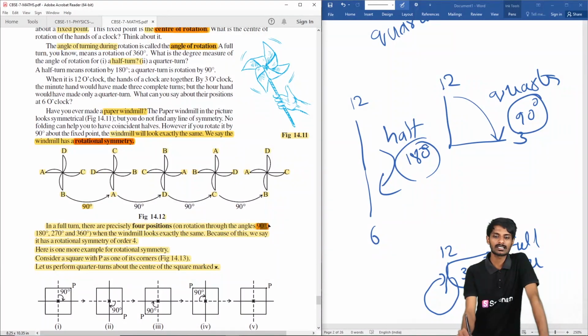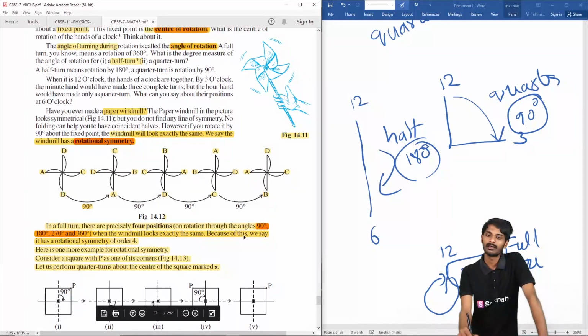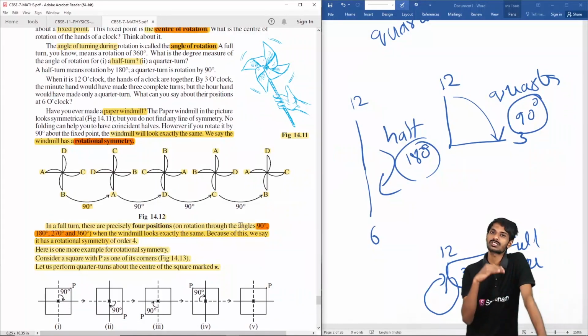Whenever it is 90 degrees, and whenever it is 180 degrees and 270 degrees, in all these angles it is showing the symmetry. But the minimum angle where it shows the symmetry is called the angle of rotation. So 90 degrees is the angle of symmetrical rotation.